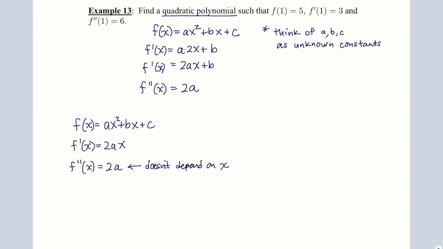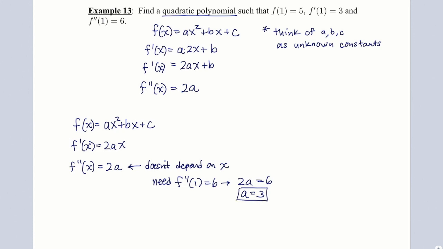So, knowing that the second derivative at 1 is 6, that tells us what 2a is, right? We need f double prime at 1 to be 6. That means 2a has to be 6 because the second derivative at every point is 6. So specifically, a is going to be 3. Right?